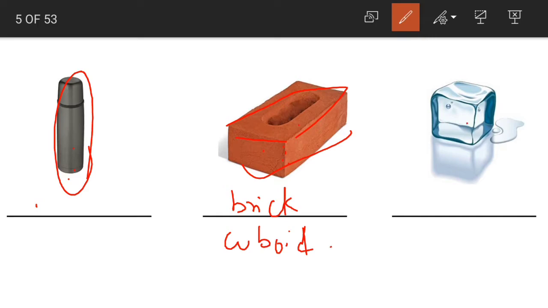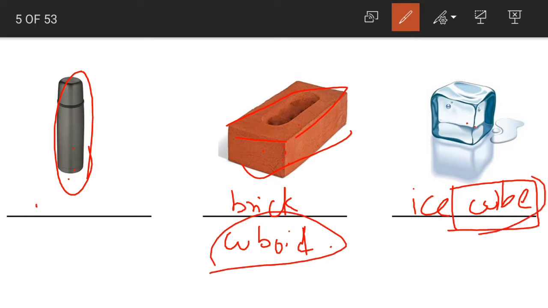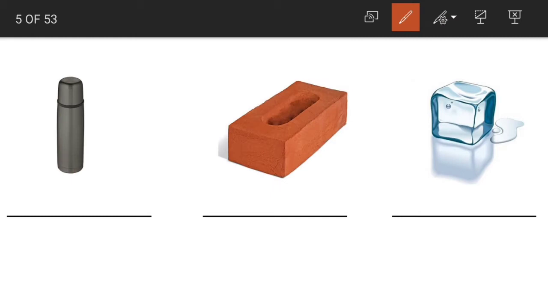And coming to the sixth one here, it is an ice cube. In the name itself, it has its shape name also. It is in the shape of a cube. So sometimes if you get confused between a cube and a cuboid, you can take this example, children. What is this called? This is called an ice cube.